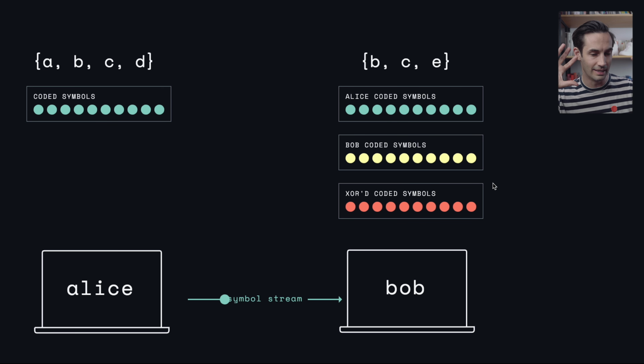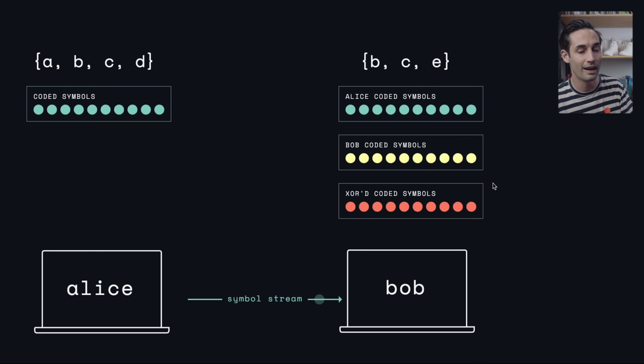So what this does in practice is remove the need to estimate the difference between the sets, because the filters are dynamically growing until the moment that they don't need to grow anymore, and that's built into the wire stream. I think that is a beautiful way of skirting around the issue of figuring out how to size your filters. Just make the wire format size the filter until it's as big as it needs to be.